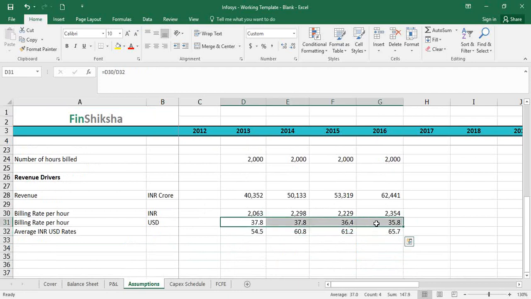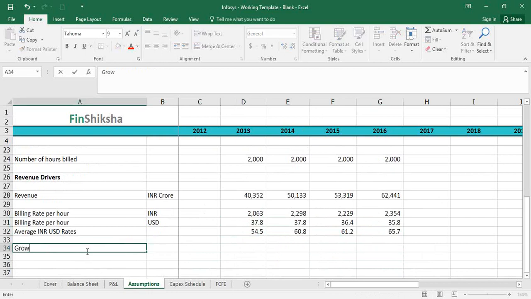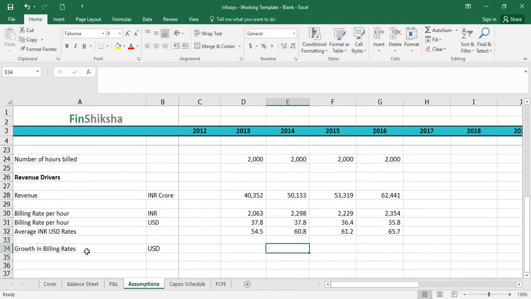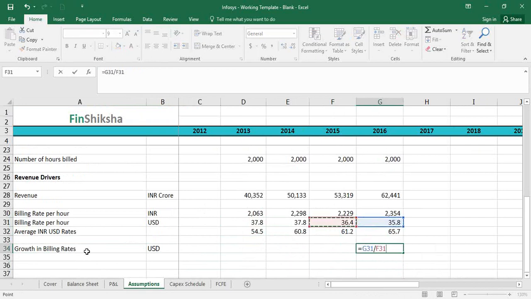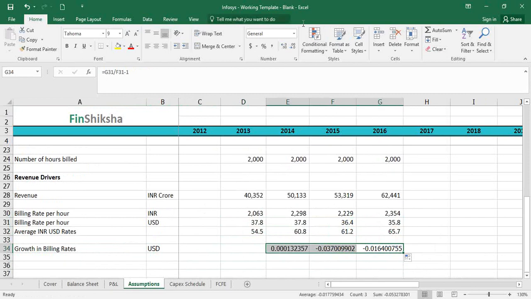So all the benefit that is appearing in rupee terms is only appearing because of the average INR USD rates moving ahead. In other words, I can put a growth in billing rates in USD terms because that's what they're going to deal with, and I can find the growth as this, and we find that billing rates are under pressure. Percentage change is lower, right?